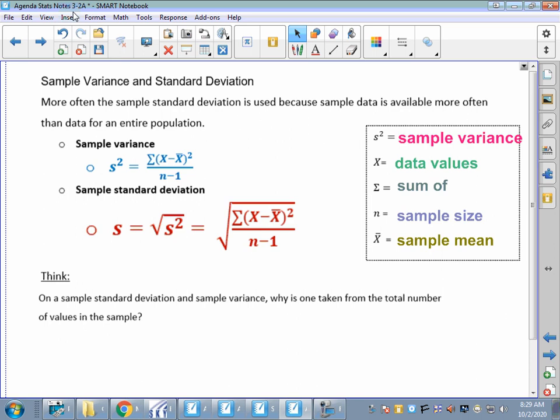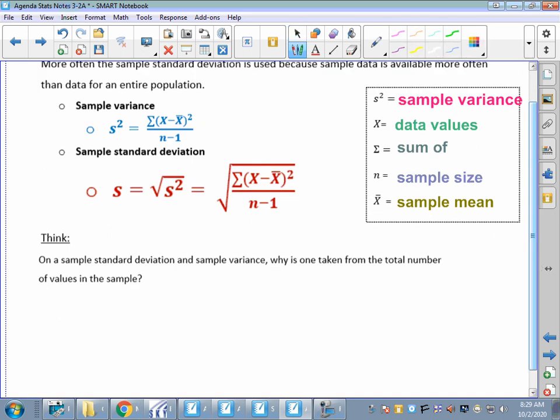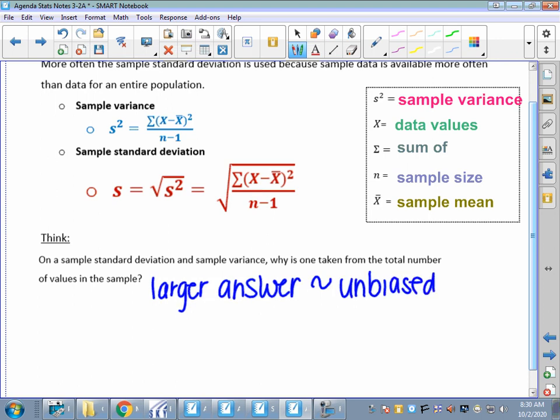That will allow for a larger answer when you do n minus 1, so you have a little bit more room within your variance, because remember, it's sample data. We don't know if it's representative. So it gives us a larger answer. Because we have to ask the question, do we have an unbiased sample? It's built in to take that into account. So you don't really even have to worry about it as long as you do your n minus 1.